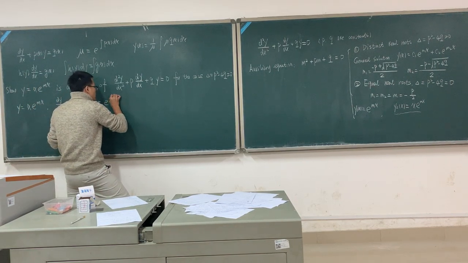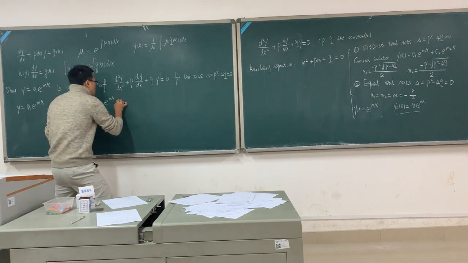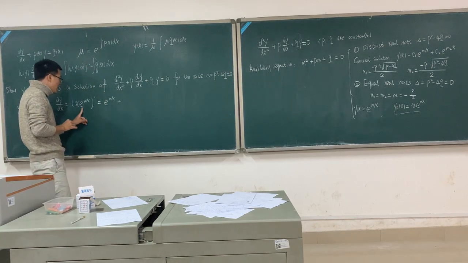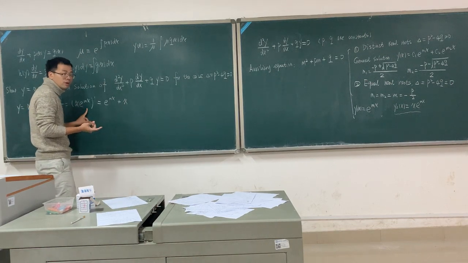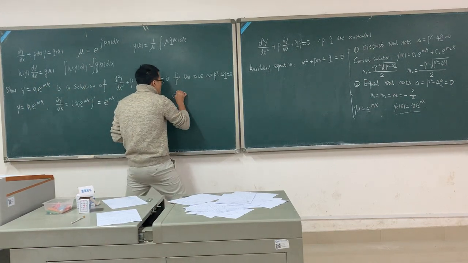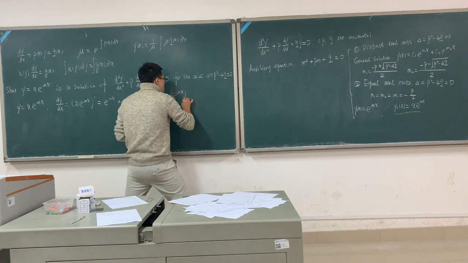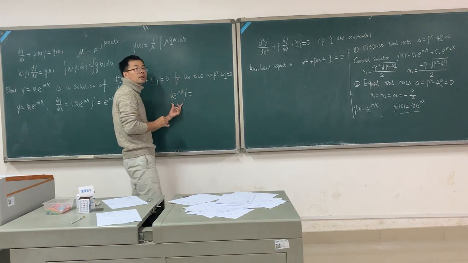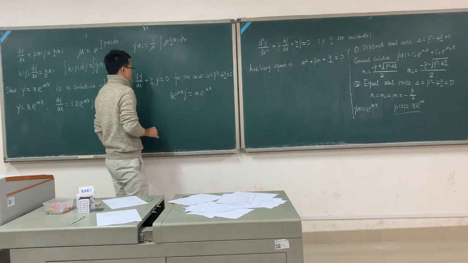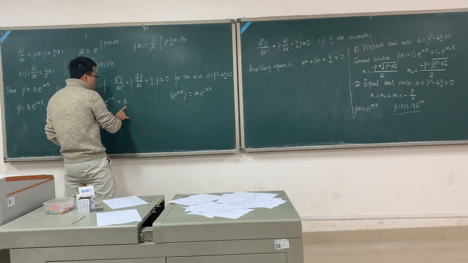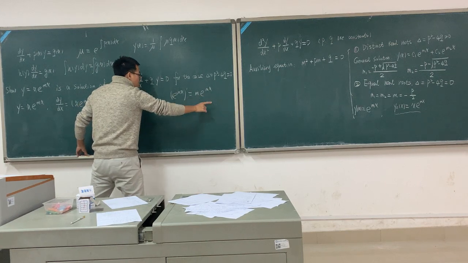The second part is x times the derivative of e^(mx), which is m e^(mx). So here x times m times e^(mx).